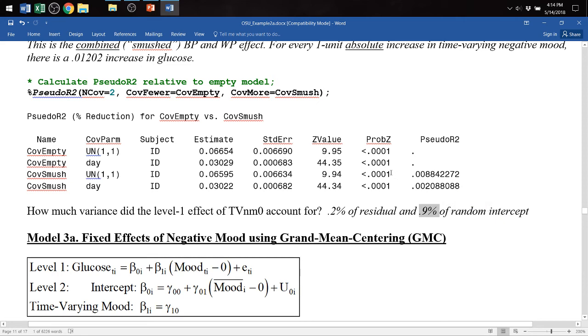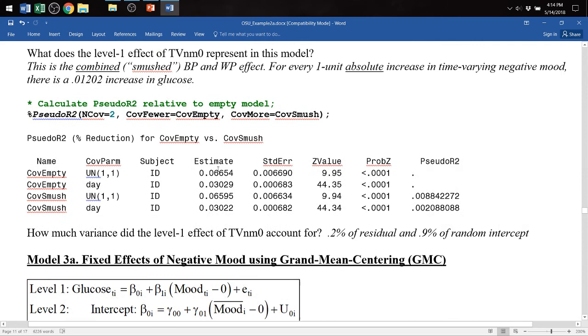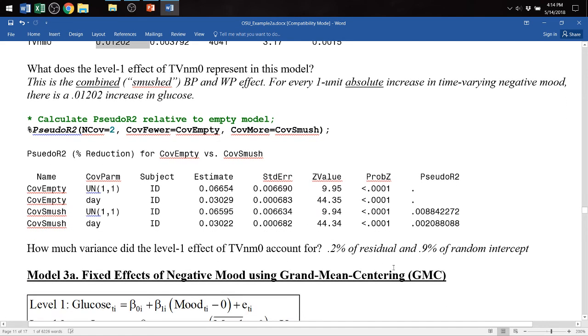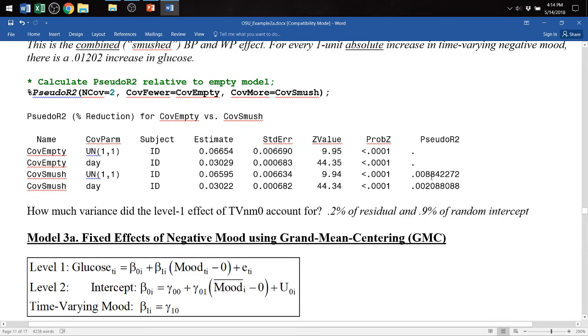That's because the correct between effect is 0.08. 0.08 should have explained 3% of the random intercept variance. This model says the effect is 0.01 instead of 0.08, and it's not big enough. So it didn't capture as much random intercept variance as it should have. And so this is how you can tell that there was smushing at all. If you have a predictor that is purely level 1, random intercept variance should go up, not down.